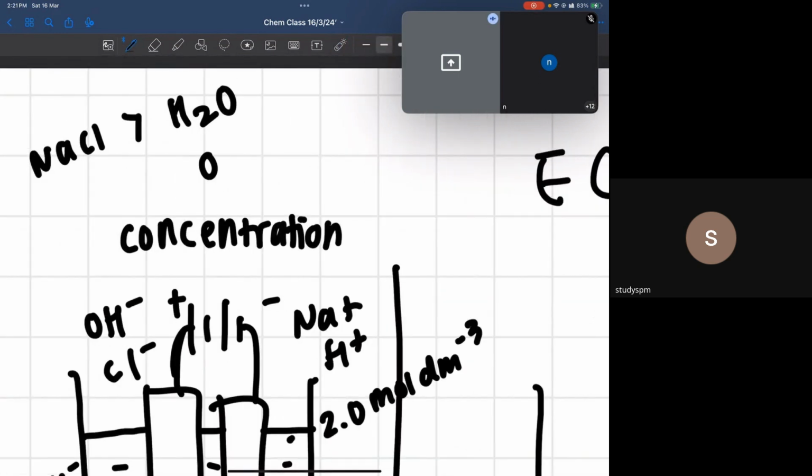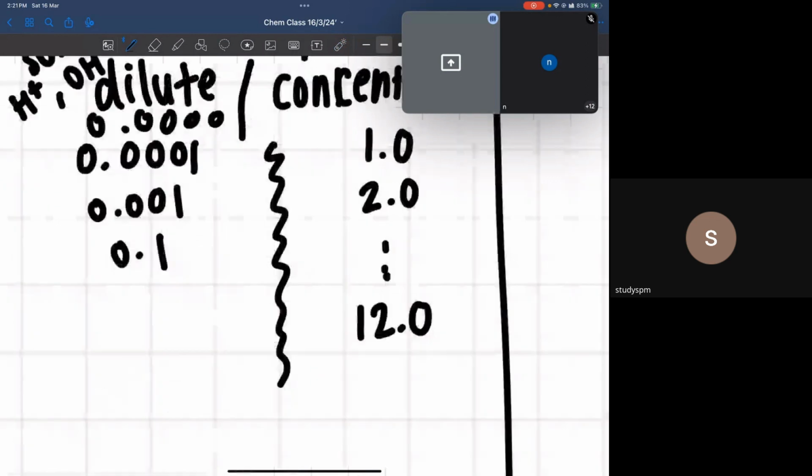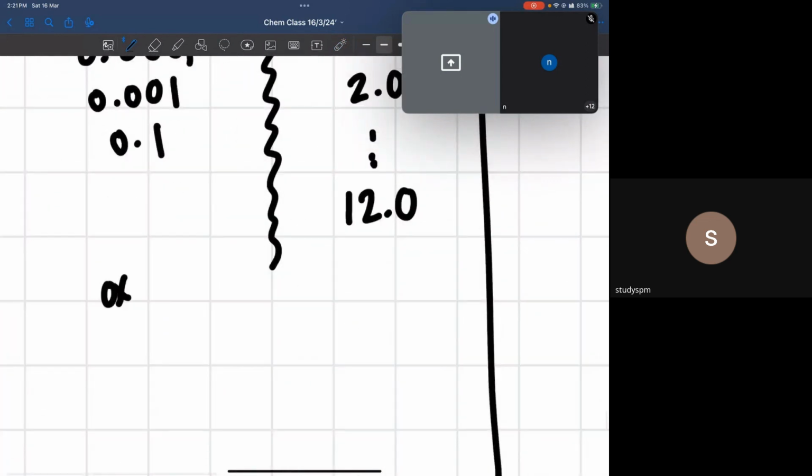Okay, now we can see who's the winner. This one is under here, and this one is under here. Which one is greater actually? Sodium chloride is greater than water, because it is concentrated. So which one is the winner? Chloride ion is the winner, because it is stronger. So chloride ion will undergo oxidation. So we write the half equation first. Oxidation, you write first. You may feel confused.